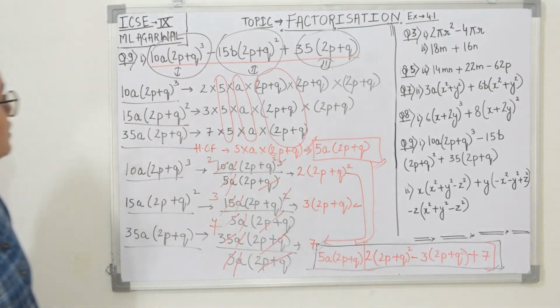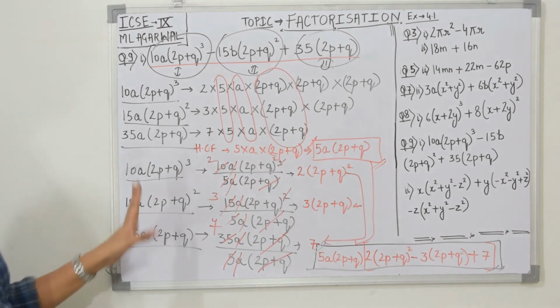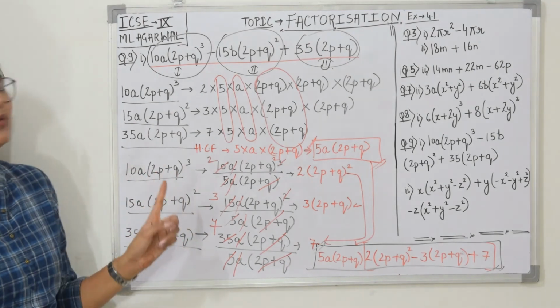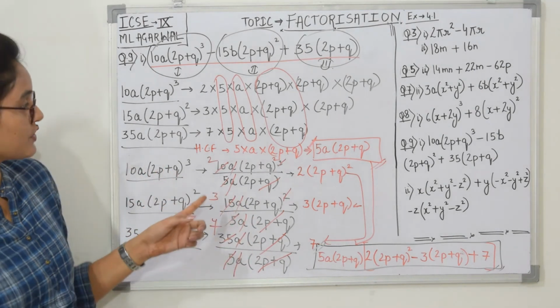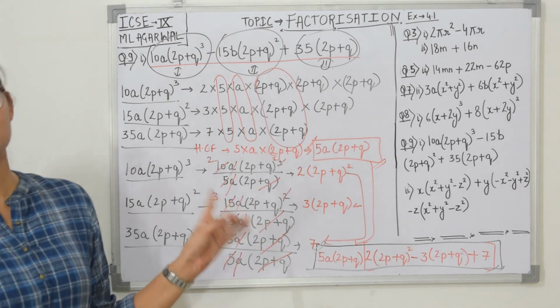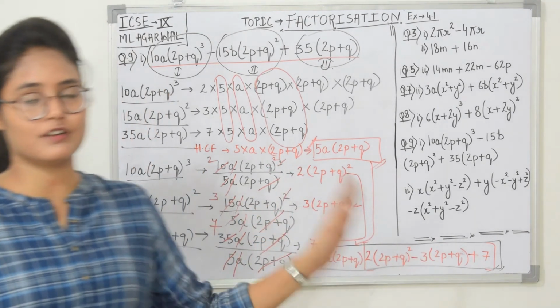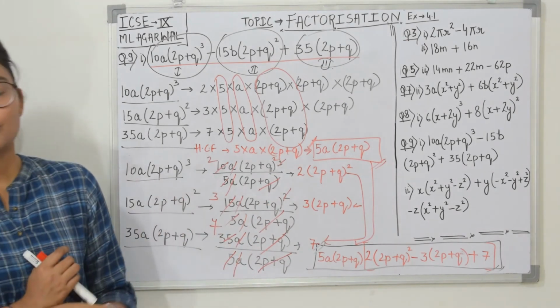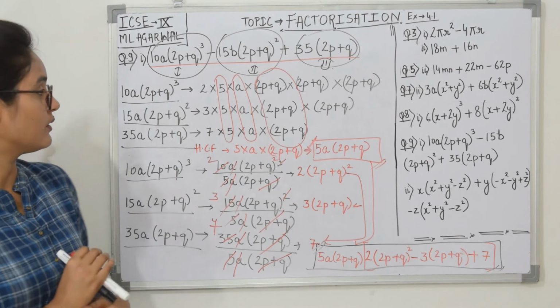Okay, so now let's begin with the last question of this exercise, but that last question is also having one trick only. That's why I am explaining that question also, so that this whole concept of your factorization first part with your examples and first exercise should be clearly understandable or should be very clear to you.